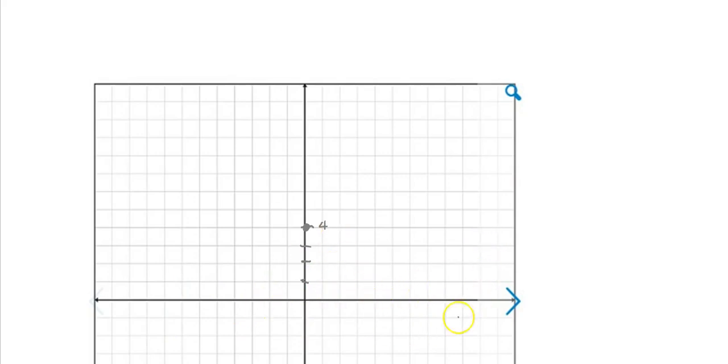Okay, it's over here. So 1 and a little more than 1.5. So there's going to be my other y-intercept. I'm going to quickly insert our line that goes through there.